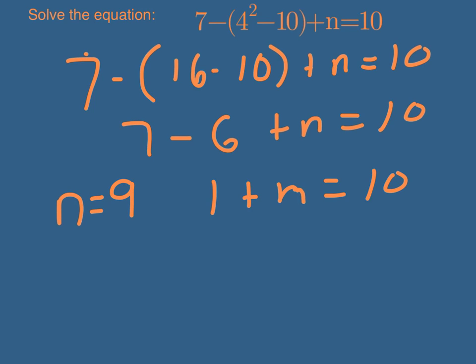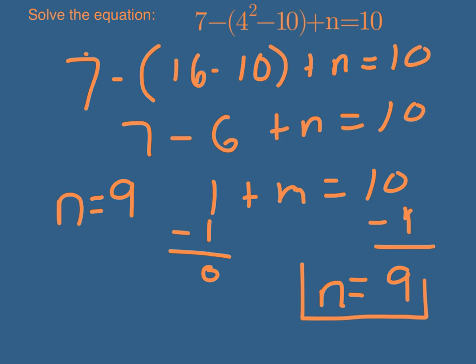But if you wanted to double check, you could subtract 1 from this side and get 0 here. And subtract 1 from this side to keep it balanced. So 10 minus 1 is 9. And then this way you would get n equals 9. So this equation only has one possible solution, and that has to be that n equals 9. Any other value and your equation will turn out false.